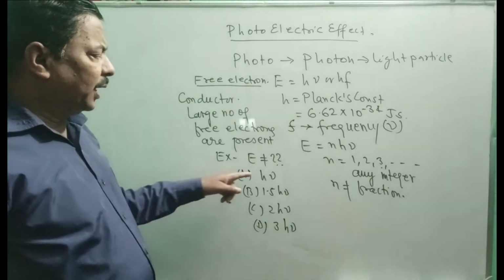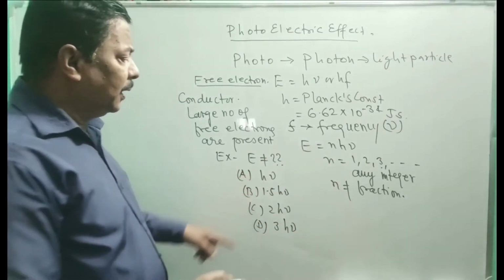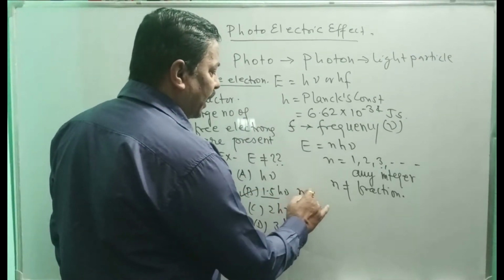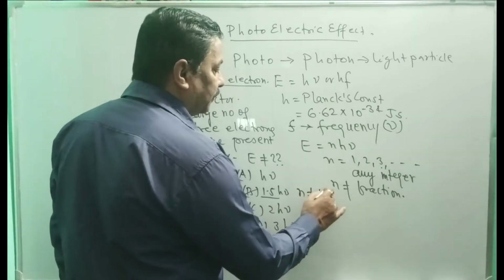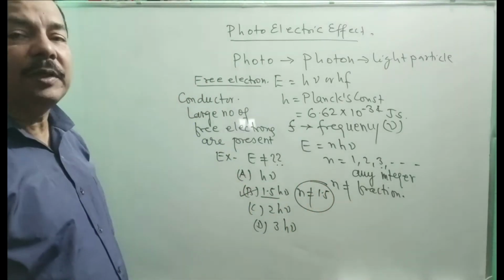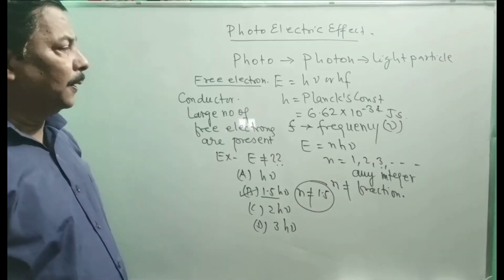Here you see, here n is equals to 1, here n is equals to 1.5. So a fraction n cannot be equal to 1.5. This should be clearly understood, that n cannot be equal to 1.5.